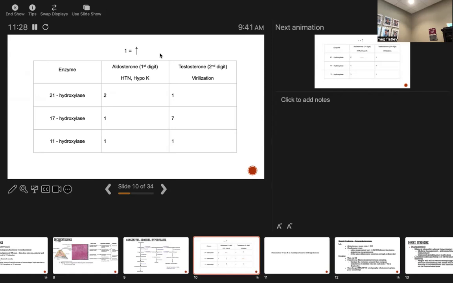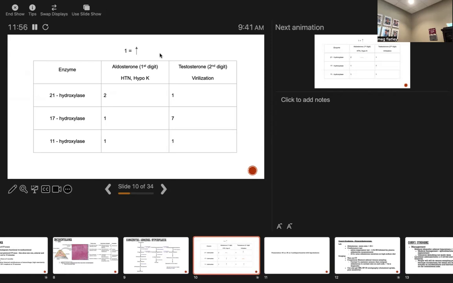And each of these two columns will correlate with one of the digits in the enzymatic deficiency. So this number is going to tell you something about this column, and then this number is going to tell you something about this column. And the way you determine what the numbers tell you is the only thing you have to remember is that 1 means that column is increased. Anything else means nothing, basically.